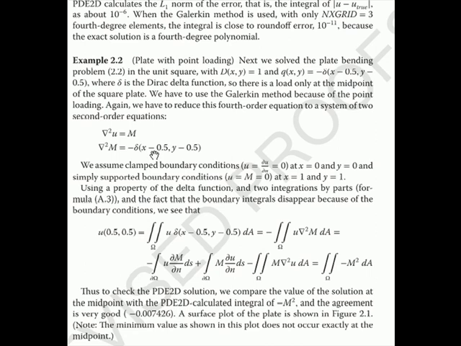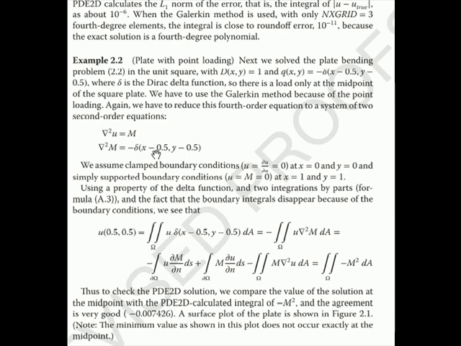In this case, instead of a uniform, the weight of the plate, like the last problem, we've got a delta function. Now, what does that mean? That means that you've got an external force that's all concentrated at one point. It's a unit square of length 1 on each side is the plate.